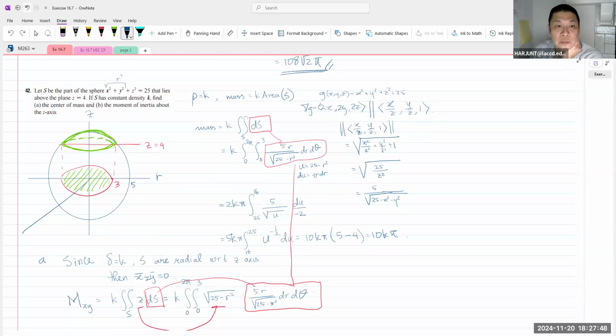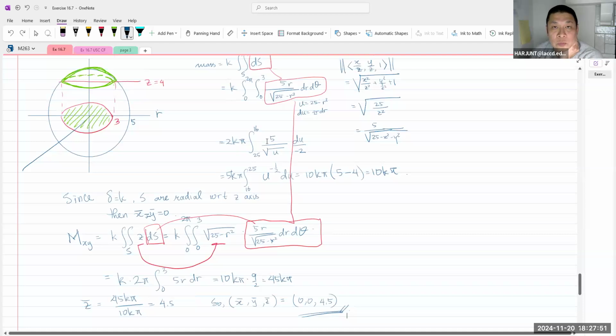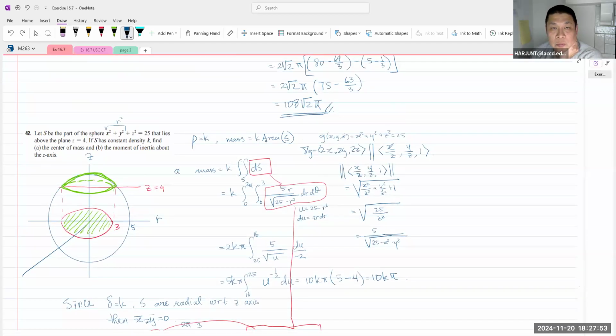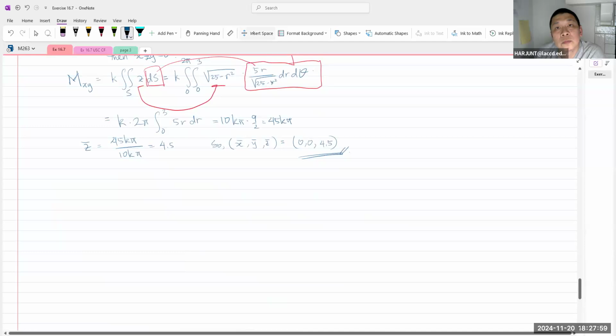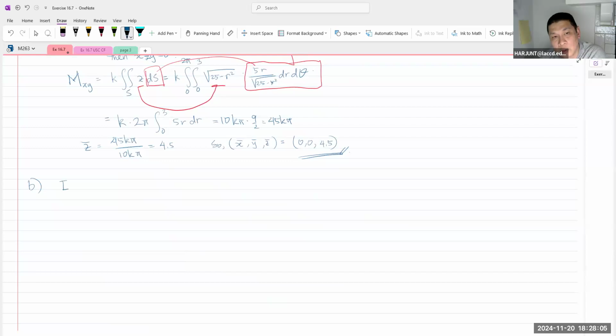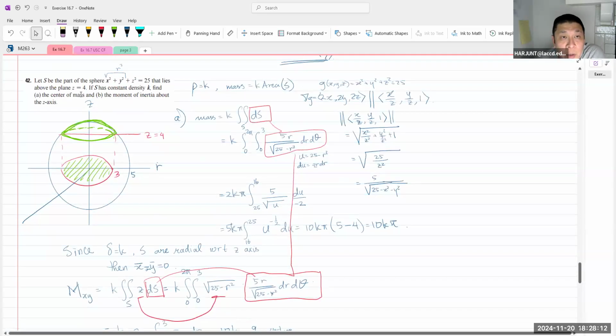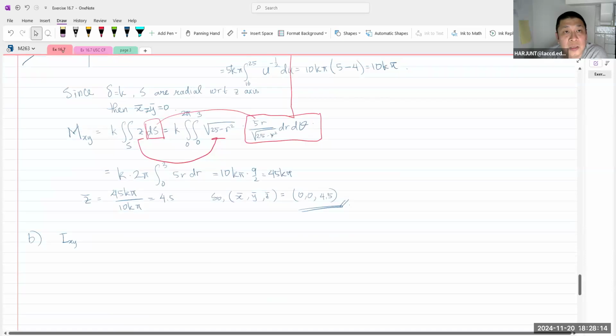Actually, part A should start from here. Part B, moment of inertia. Actually, they say something: moment of inertia about the z-axis. Oh, just about the z-axis.